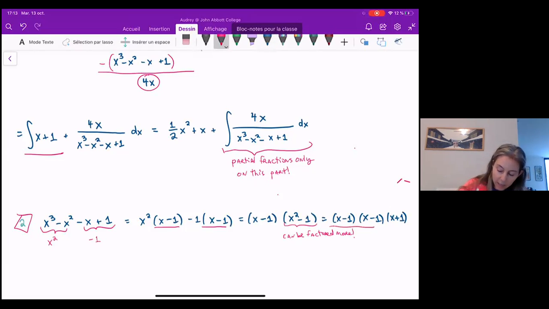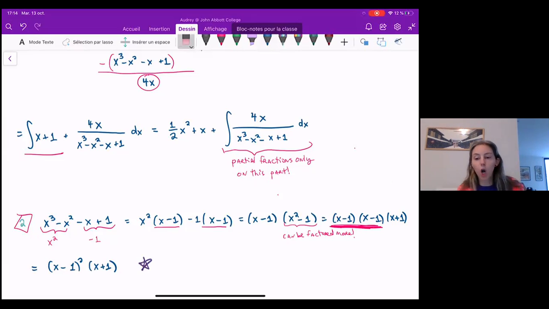Now, these x minus 1s occur 2 times. For partial fractions, it's going to be super, super important to combine them. And you'll see why when we redo our case 2, when we re-talk about case 2. So in other words, this is x minus 1 squared times x plus 1. And we're going to make a little note of that here.